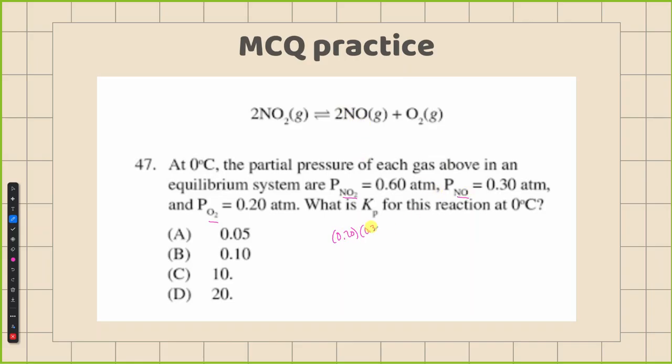NO, 0.3 squared. And then NO2 on the bottom. Just quickly fill that in, or do it mentally, or in your calculator so you can move on quickly through the multiple choice. And I'm getting A as the answer.